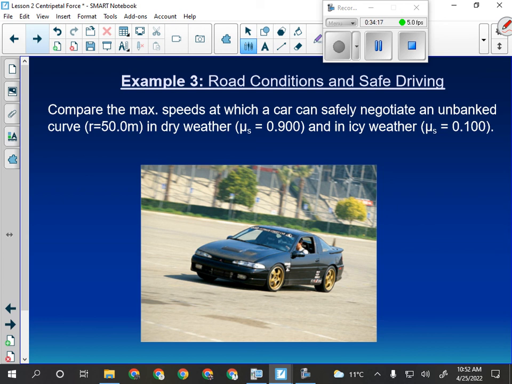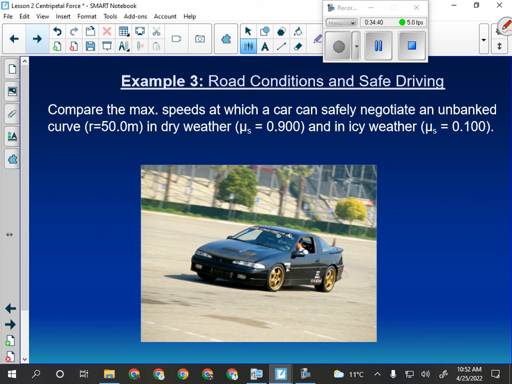How much slower are we going to have to go if we have 1/9 as much friction? A third. 1/3, right? The square root of 1/9 is 1/3. So you go 1/3 as fast if you have 1/9 as much friction, because remember, it's a square root relationship.